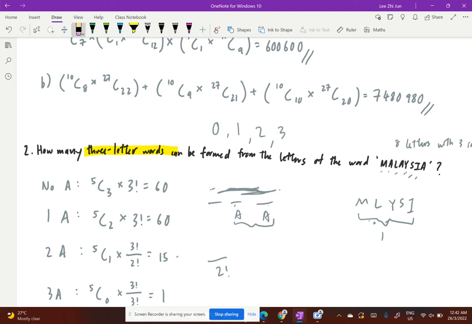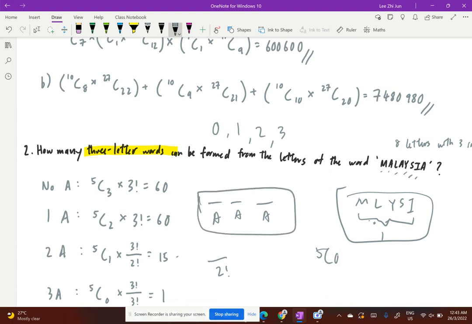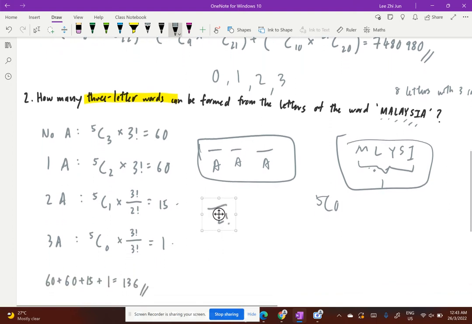The last case is 3 A inside, just one case because you need not arrange; however you arrange, they are the same A. All A are used, so the 5 letters are not used, 5C0, and there is one arrangement, so just one. So you add 60 plus 60 plus 15 plus 1, and you will get 136.